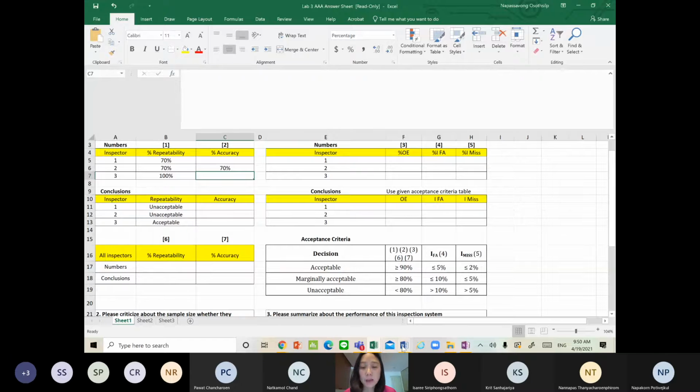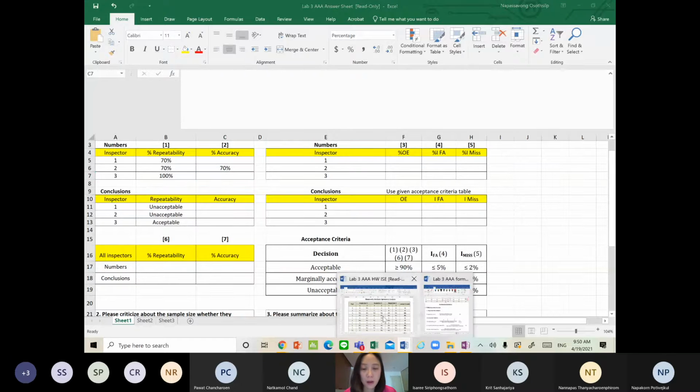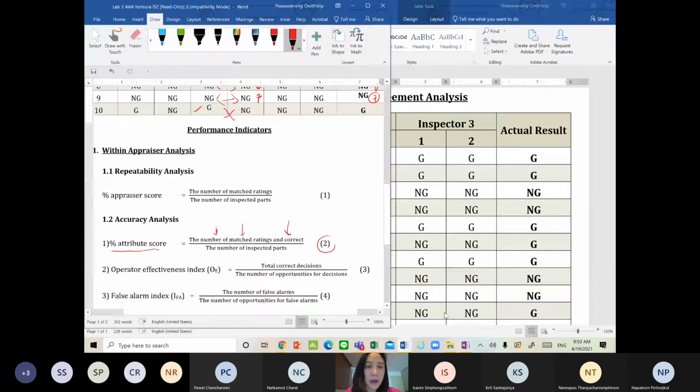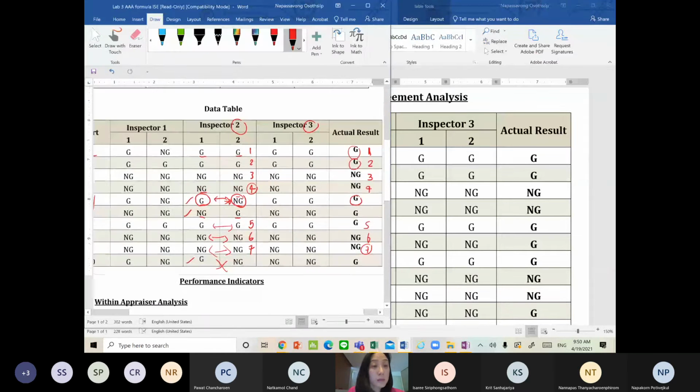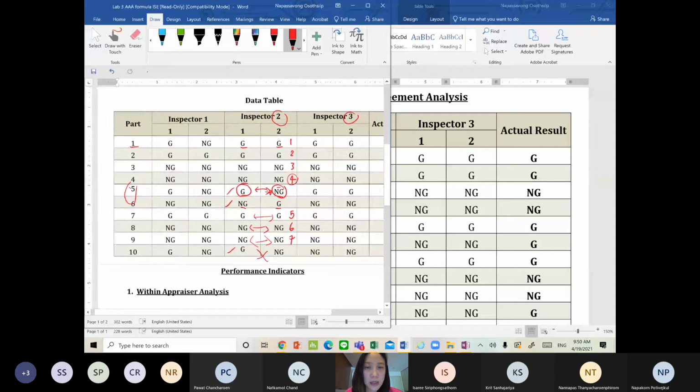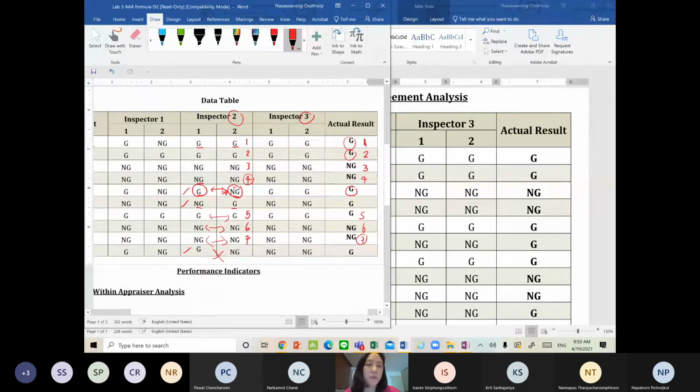Now let's practice by yourself again. I'll let you have 1 minute to calculate the accuracy of inspector 3.